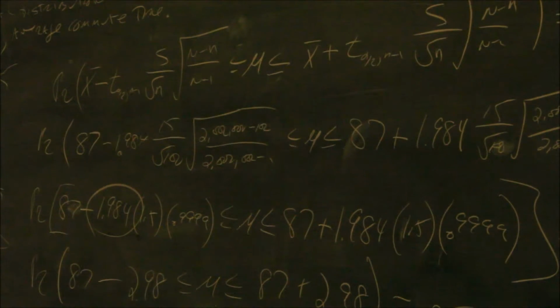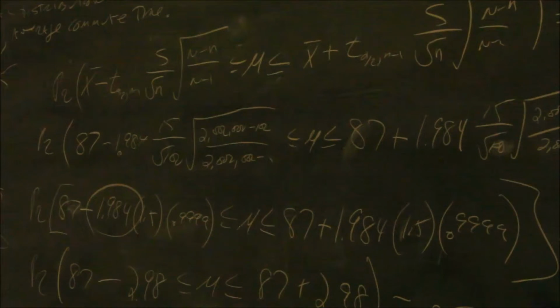In the last one, we knew sigma, right? Sigma is a parameter. In this case right here, we don't know sigma, the population standard deviation. We know S, the sample standard deviation. So in making an estimate, is it better to know the actual parameter, or is it better to know a sample statistic? It's always better if you know the parameter because you don't have to estimate it.